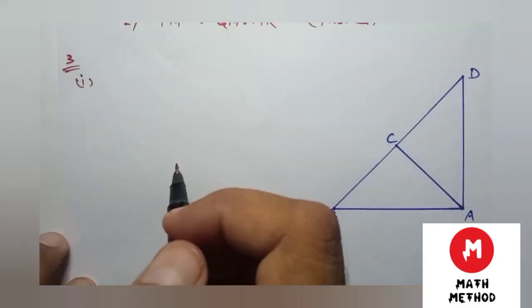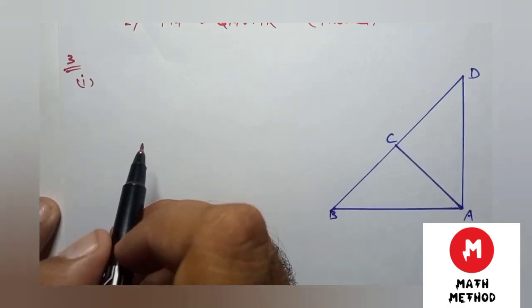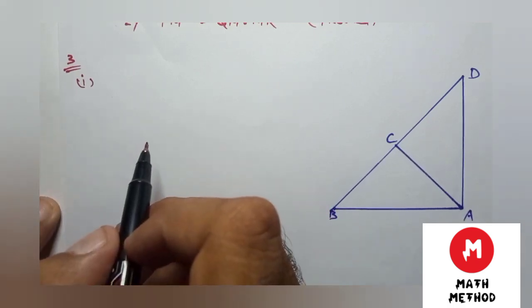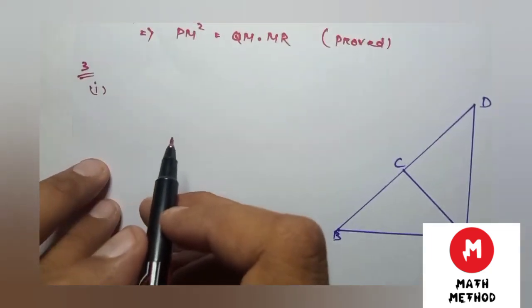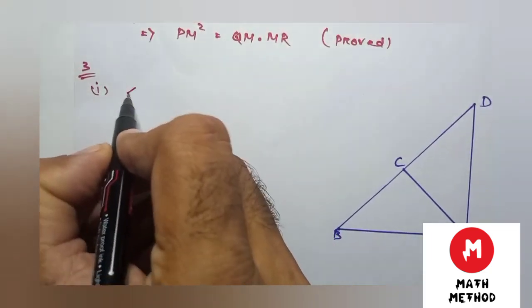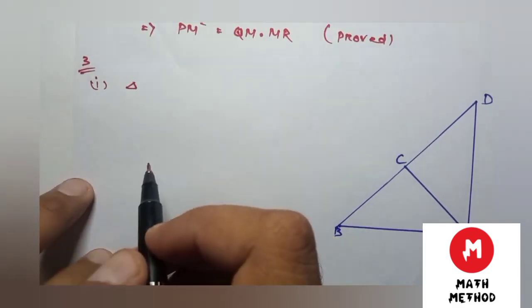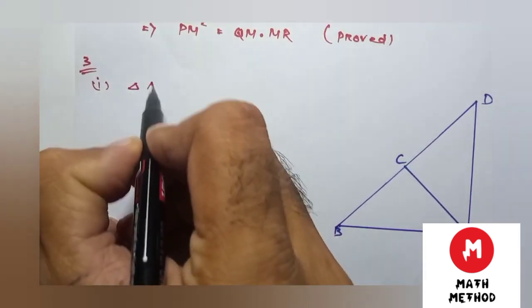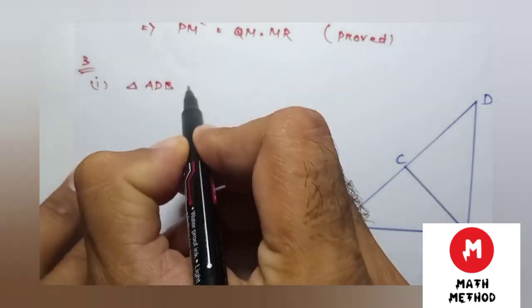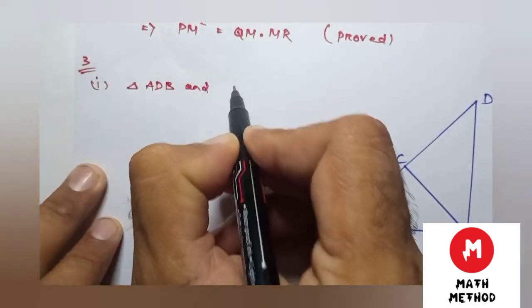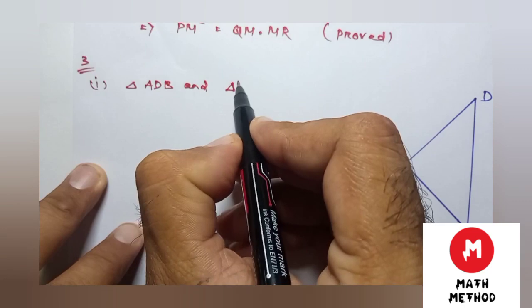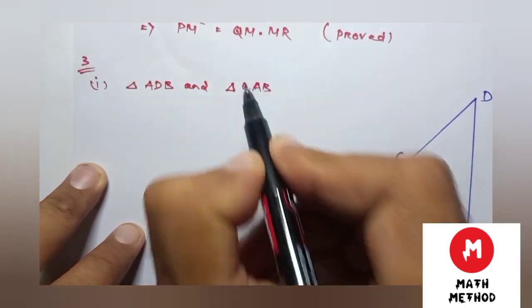See here, in triangle ADB and triangle CAB. Clear?